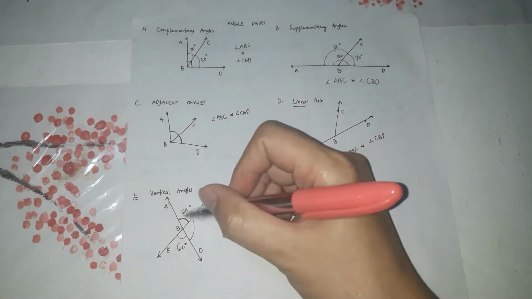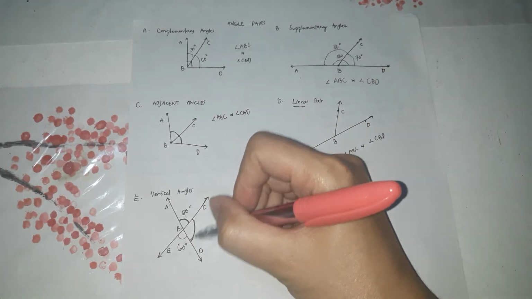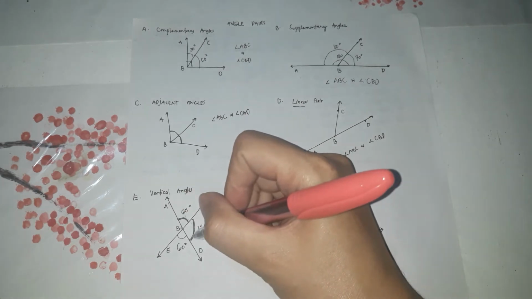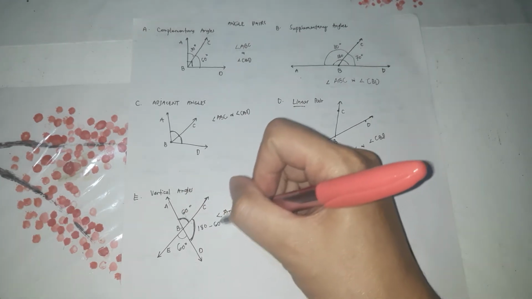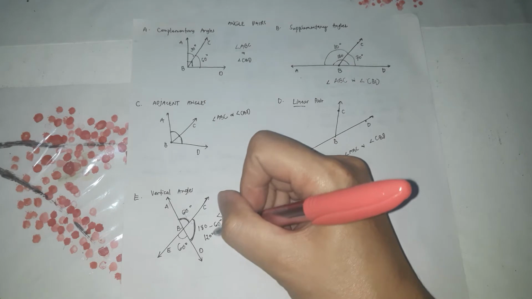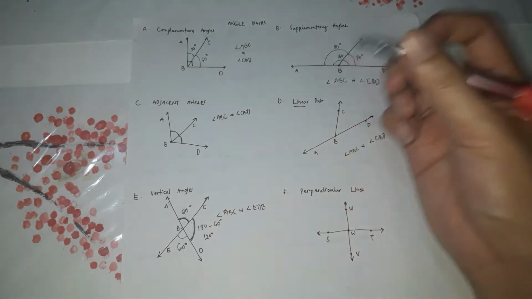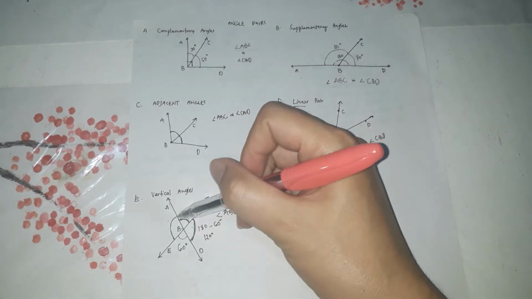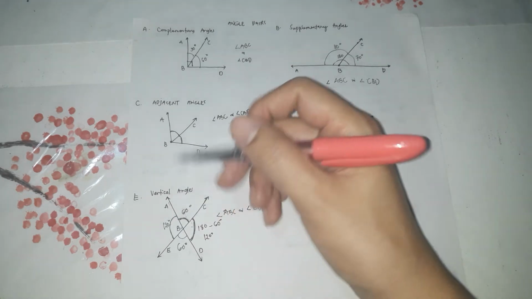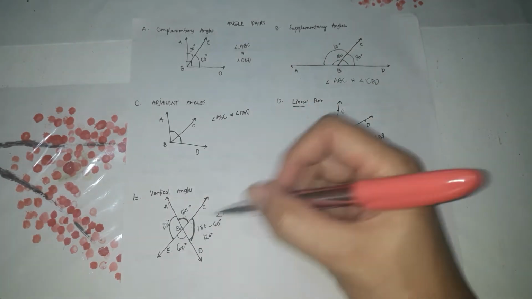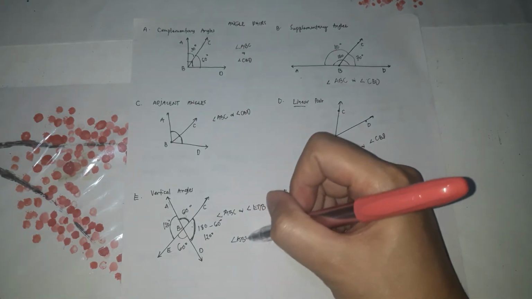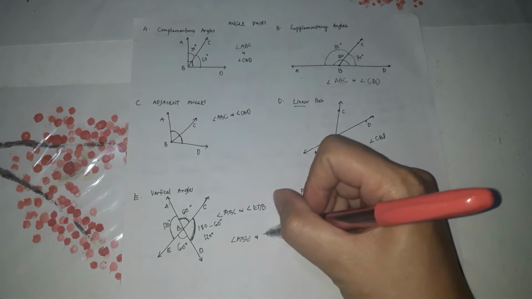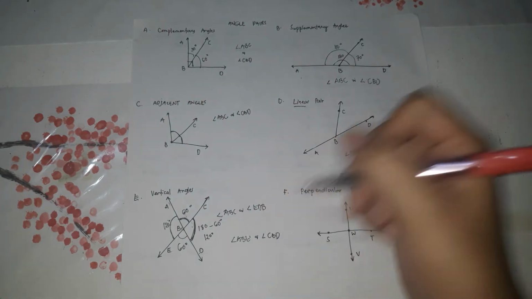So if this is 60 degrees, ibig sabihin this is 180 kasi line ito siya. So it is 180 minus 60, which is equal to 120. So this is 120. And they are vertical angles, ibig sabihin 120 rin ito siya. So 120. Si angle ABE at saka si angle CBD are vertical angles.